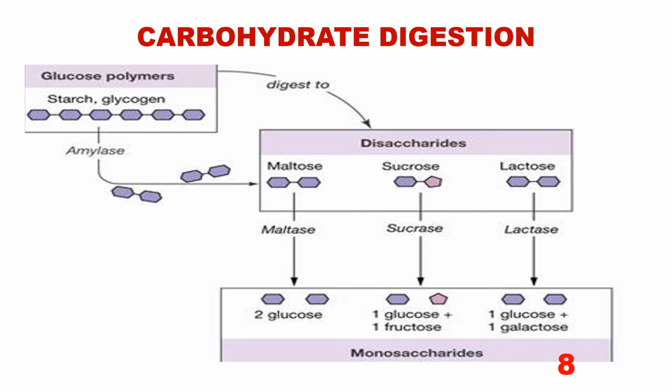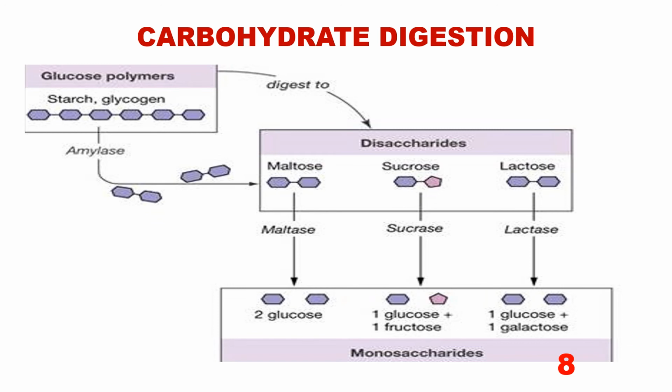Or if the polymer of glucose digests to a disaccharide sugar such as sucrose, then in the small intestine an enzyme called sucrase will act on sucrose, which is a disaccharide having two monosaccharide sugars, and break it into the final products glucose and fructose.